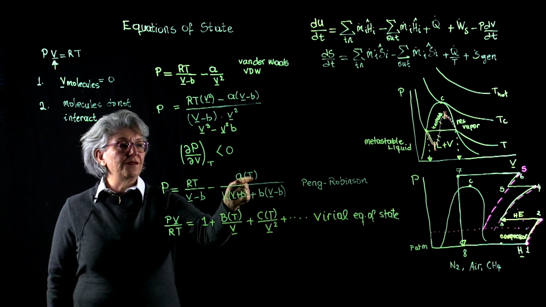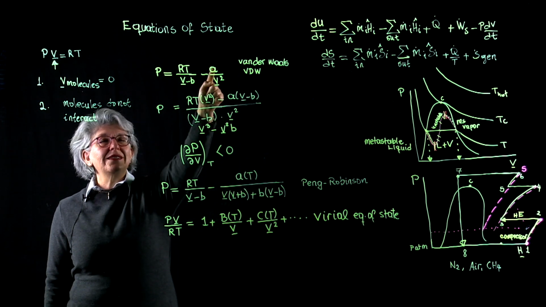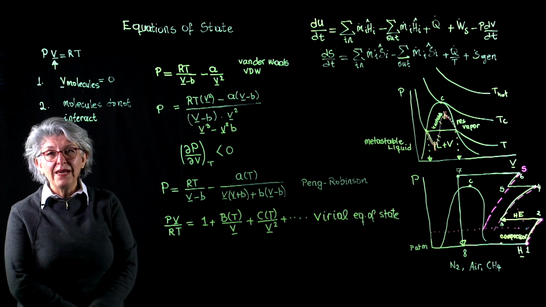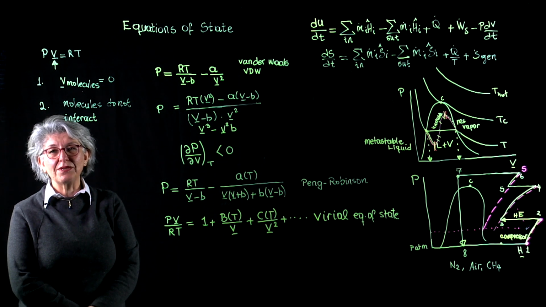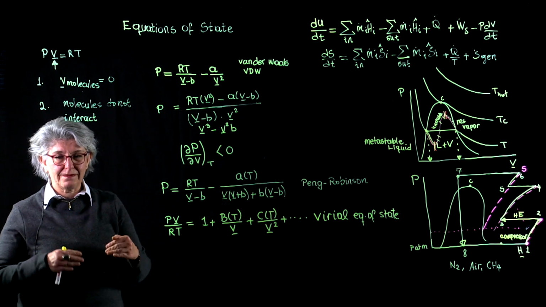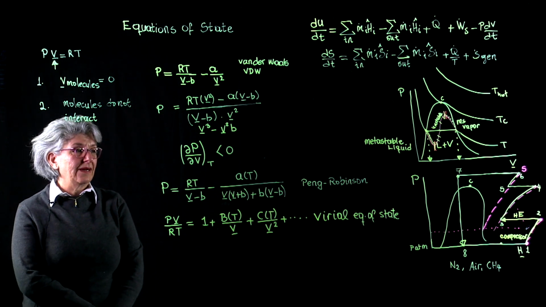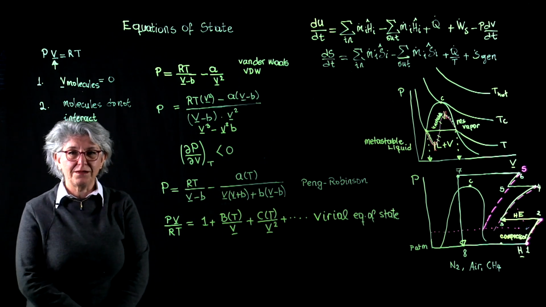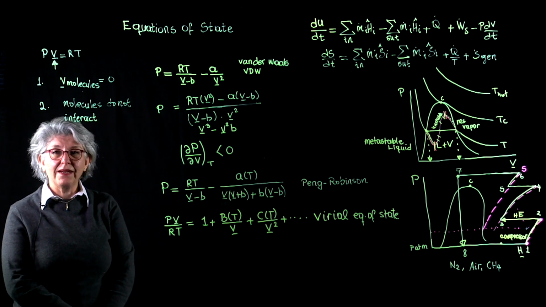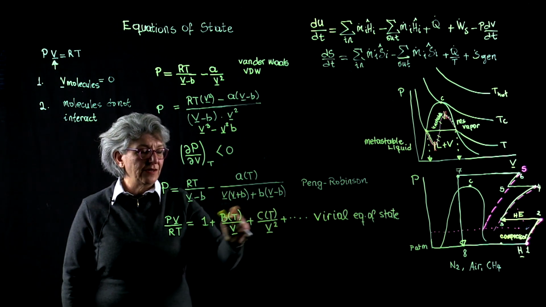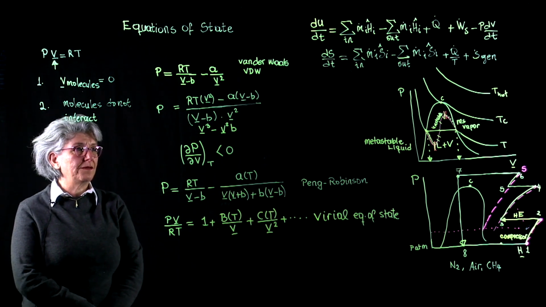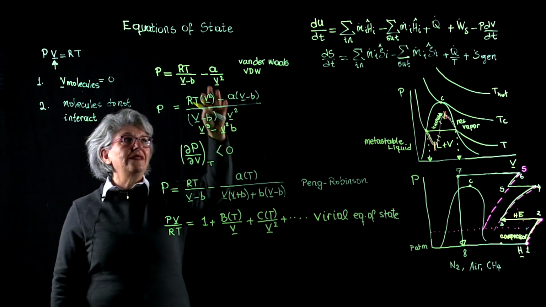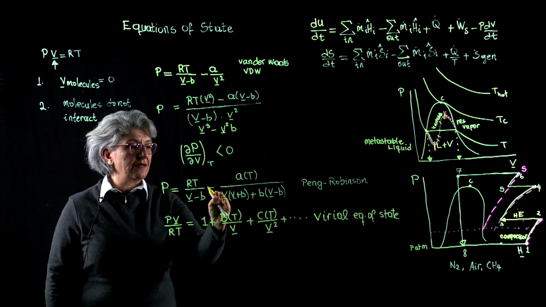This parameter, if you remember, was representing the molecular attractive-repulsive interaction, and setting a temperature-dependent value for it is going to increase the accuracy of the predictions, as well as the parameters of the virial equation of state.